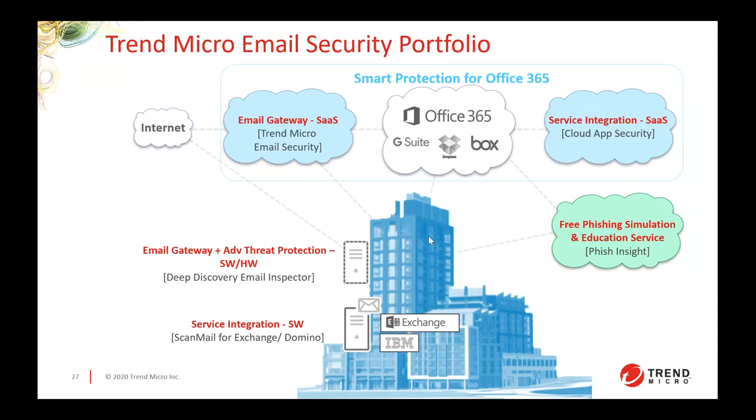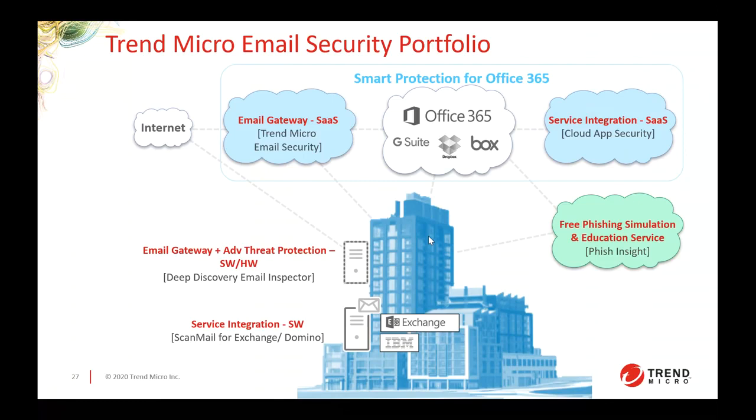Multi-layer security is available with the CASB solution as well as the email gateway solution. The CASB solution is called Cloud App Security, and the gateway level email security solution is called Email Security Advanced. These two solutions available in the cloud can be had using a single suite, called Smart Protection for Office 365.